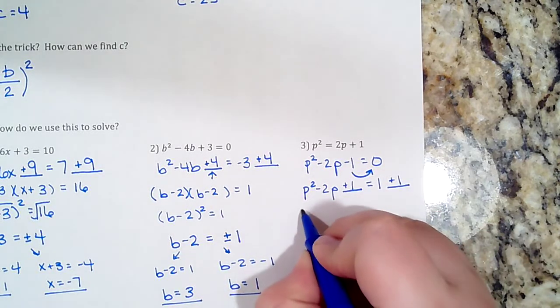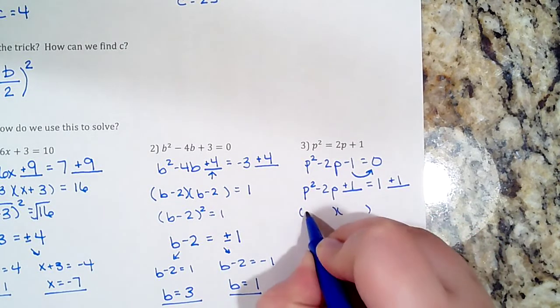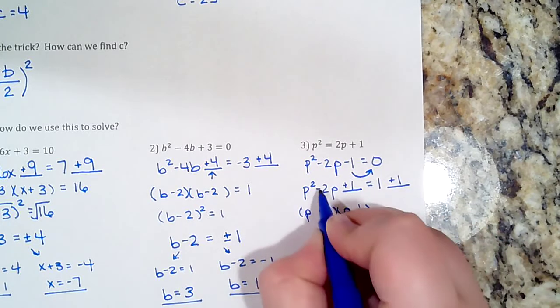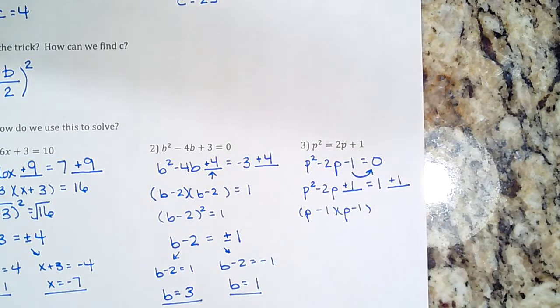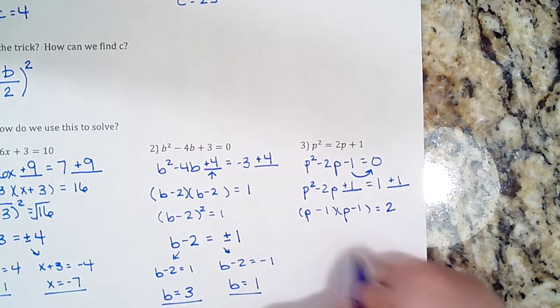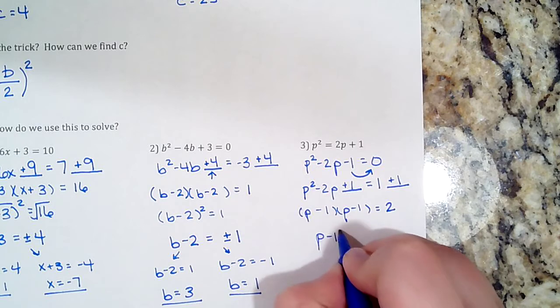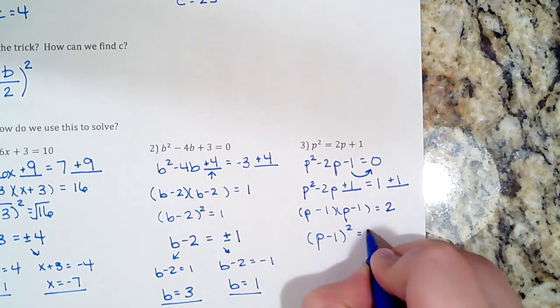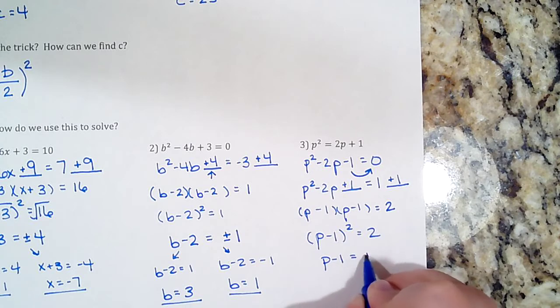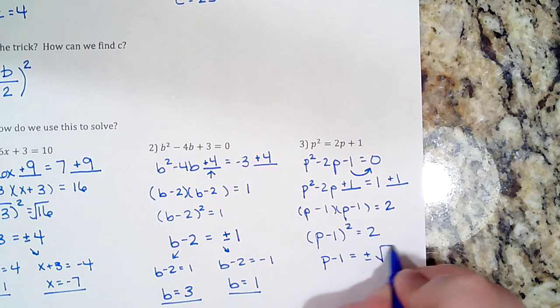All right, let's factor this left side now. We've got a p and a p, 1, 1, negative, negative. And it equals positive 2. All right, rewrite it as a square. Take the square root of both sides. You get plus or minus root 2.